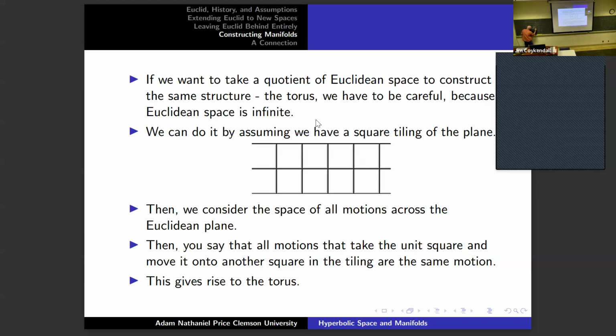Same thing here. If you move it directly right one, you can move this point to this point, which is the same as not moving. So this edge is the same as this edge. So what we've done is we've taken the entire Euclidean space and mapped it down onto a torus.